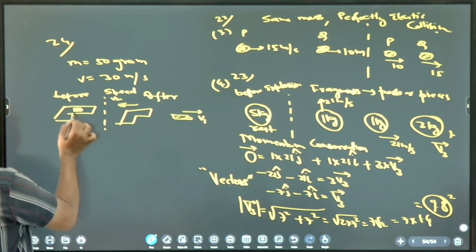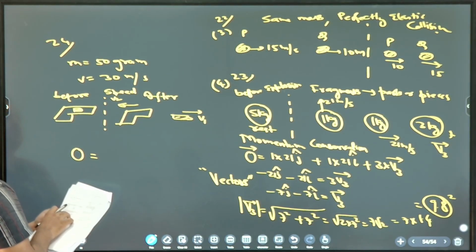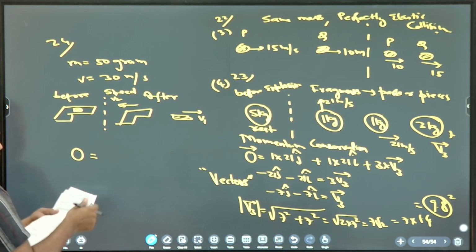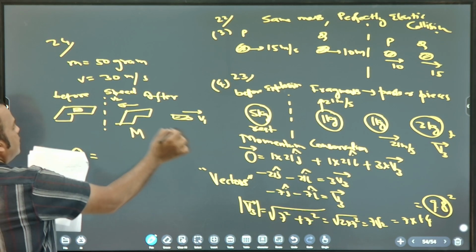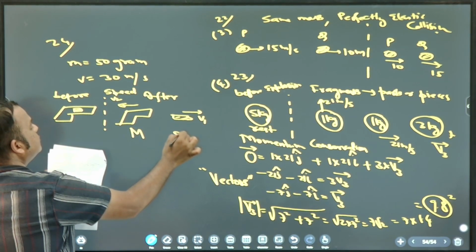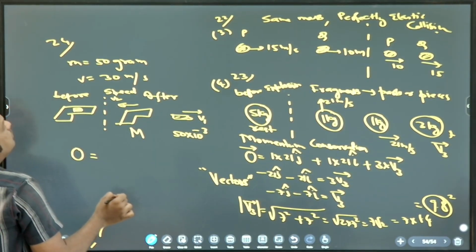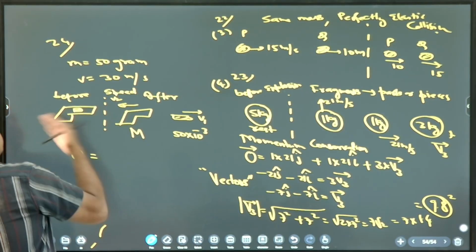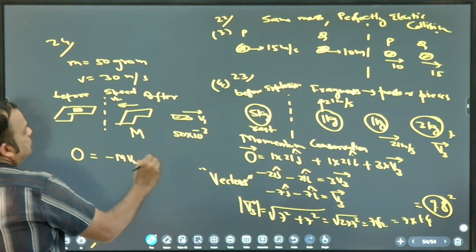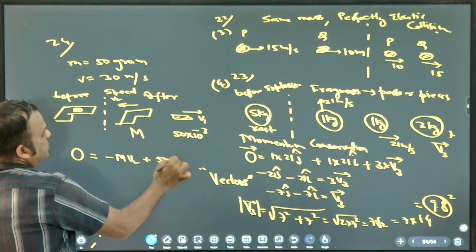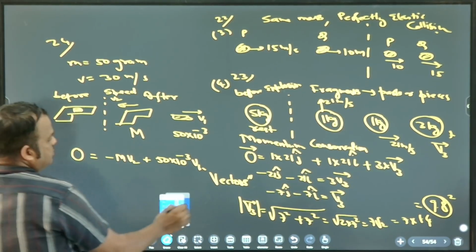So initial momentum 0. Mass of the gun you have to find. Mass of the bullet is given, 50 into 10 raised to minus 3. This is left side, so minus M into V2, and this is right side, so plus 50 into 10 power minus 3 into V1. Now you solve this.